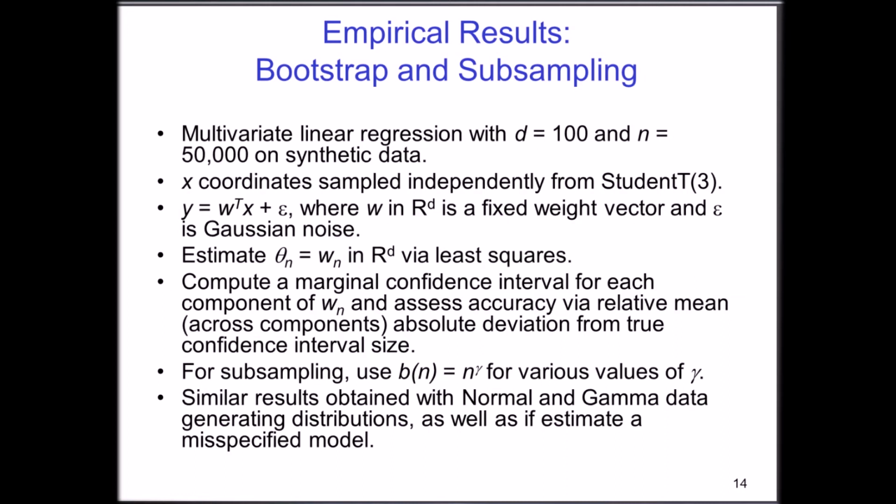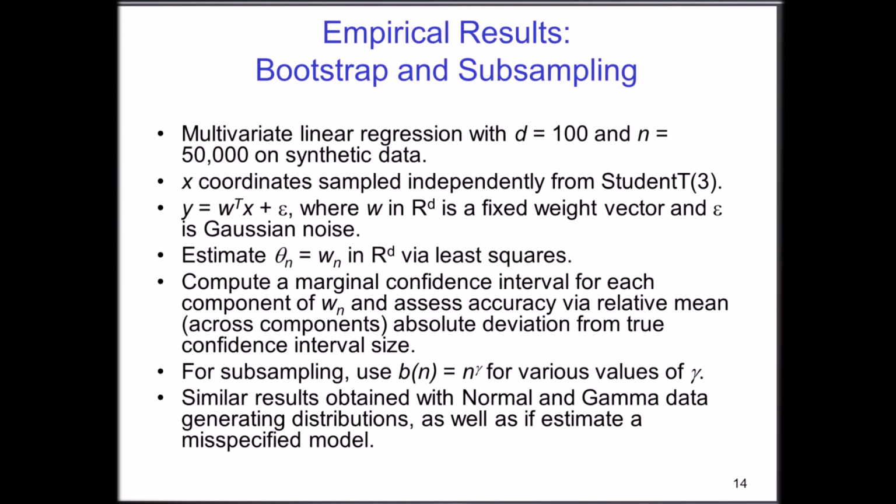Then we calculated marginal confidence intervals for each of the components of this parameter vector W, and we took the relative mean absolute deviation from a true confidence interval, which was obtained by a long Monte Carlo run to find the truth.